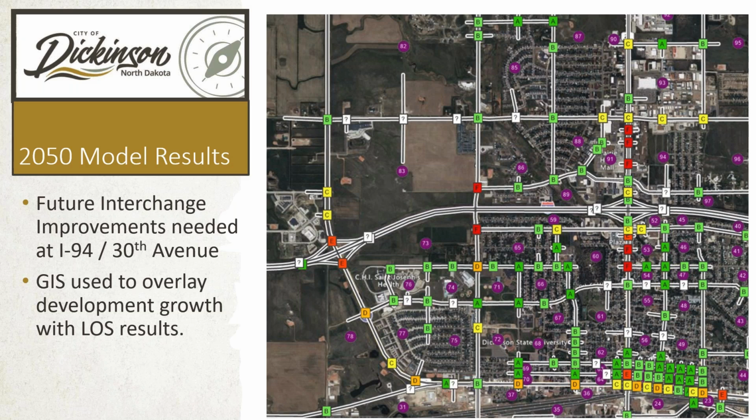So we were able to hone in on those corridors and interchange locations that were showing deficiencies that we could talk through with the city and understand some of those development thresholds that would cause these traffic conditions where those intersection operations were breaking down. And then also utilizing our GIS group to overlay that development growth with the level of service results for the city to really understand the magnitude of the developments that were causing roadway deficiencies throughout the network.